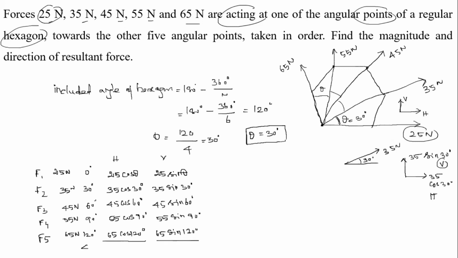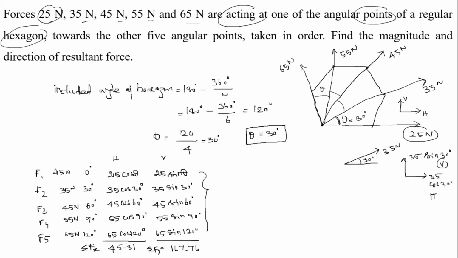So, calculate the sum of these forces. This is the sum of horizontal forces, summation of F of x, and this is summation of F of y, the vertical forces. Calculating this, we get 45.31. Similarly, the sum of the vertical forces gives 167.76, right.